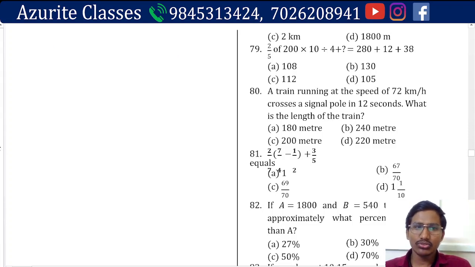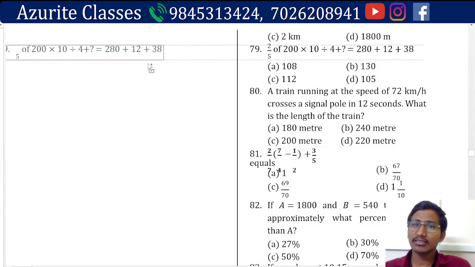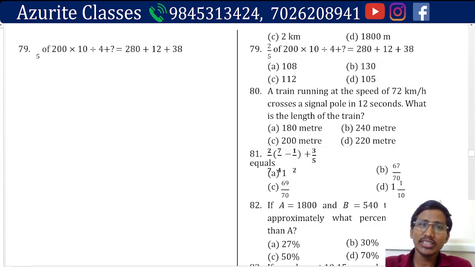What is it? 2 by 5 of 200, into 10, divided by 4, plus how much, is 280 plus 12 plus 38. Okay, so we'll take this question here. 2 by 5 of means into, so first we have to do this. 5 4s are 20, so it is 40, and 240 is how much?